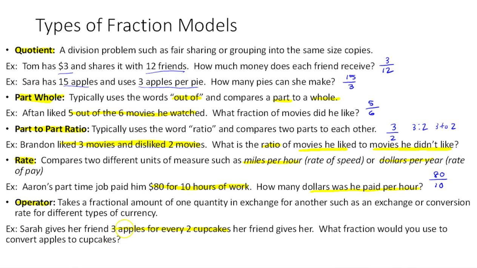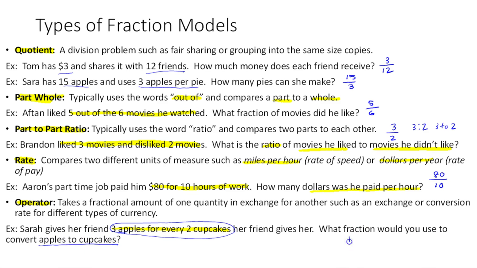So, notice the words "for every." A lot of times for operators, we use "for every." Sometimes we use that for regular old rates as well that aren't operators. But the idea is 3 apples for 2 cupcakes, and we want to convert apples to cupcakes. So let's just look at an example.